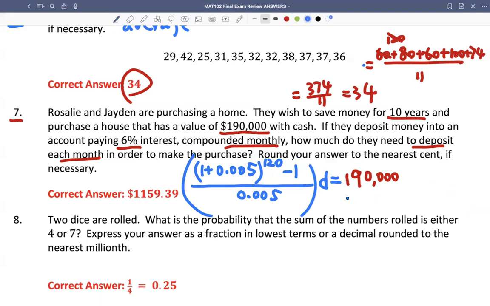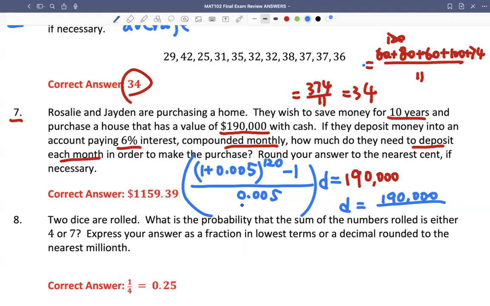So D just equals 190,000 divided by this number. You put it into the calculator. It's about 160.